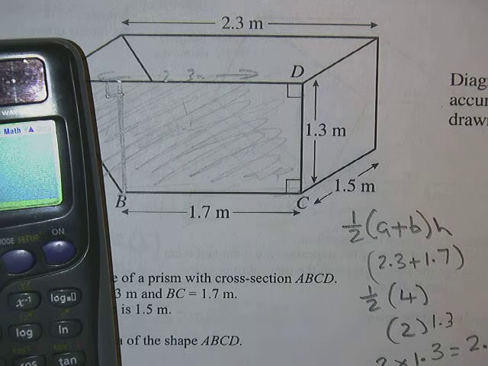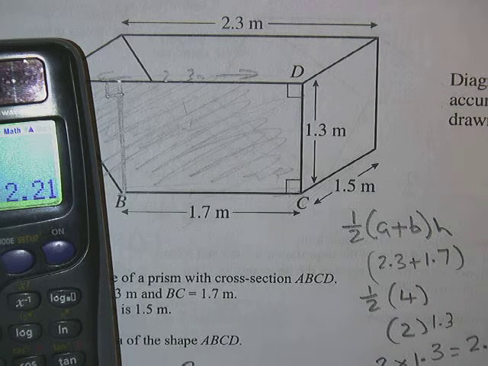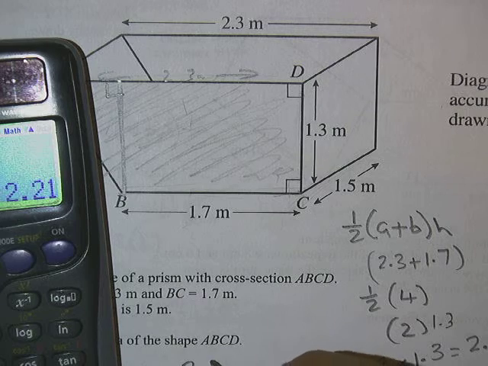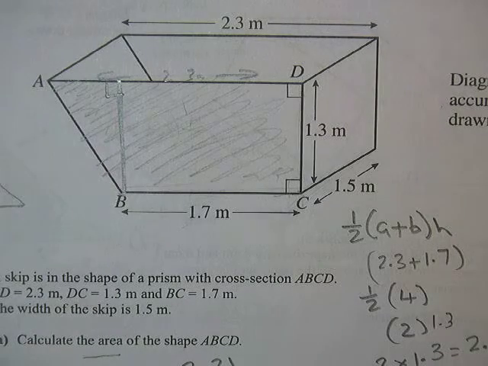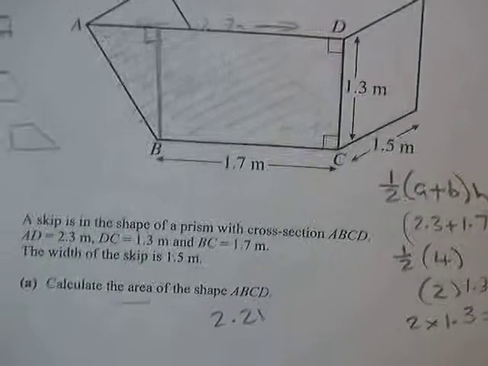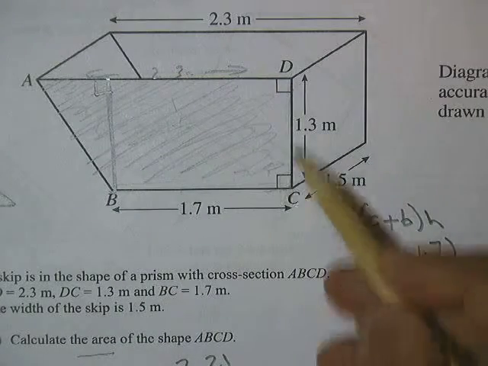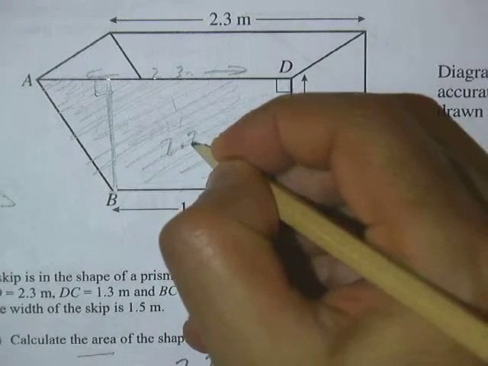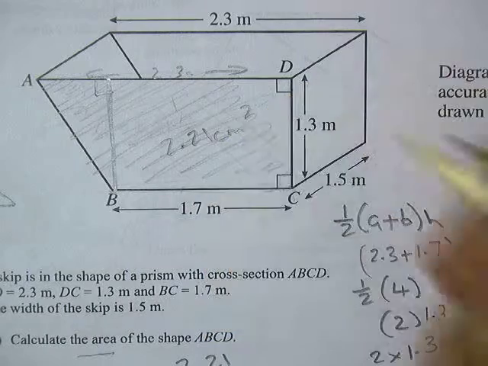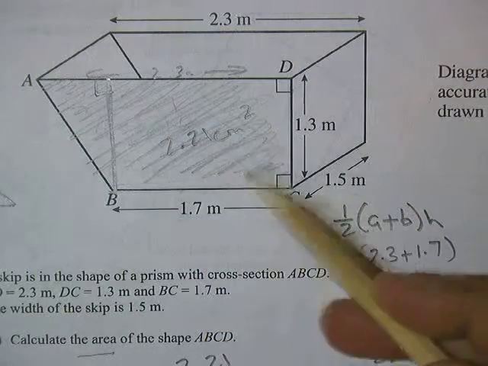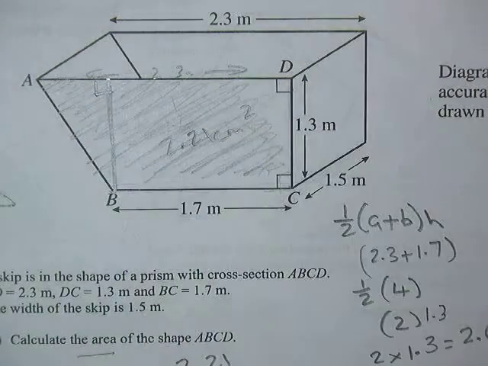Always do calculations twice on an exam paper if need be, just to make sure you're getting it right. I've timed 1.7 by 1.3, I get 2.21 meters squared. That's the area of this rectangle here. Now I've got a right angle triangle.